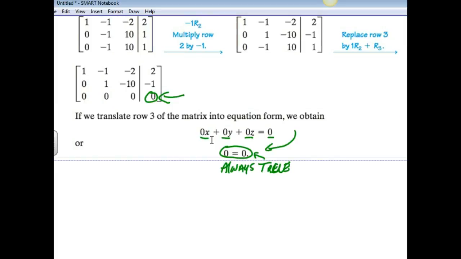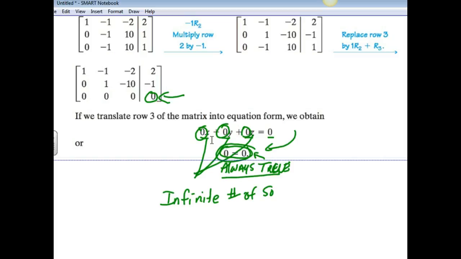Because what you're really saying here is, it doesn't matter what I put in for x or for y or for z, because when they're multiplied by 0 here, any solution would make that true. So when something is always true, like 0 equals 0, then you're going to get an infinite number of solutions.